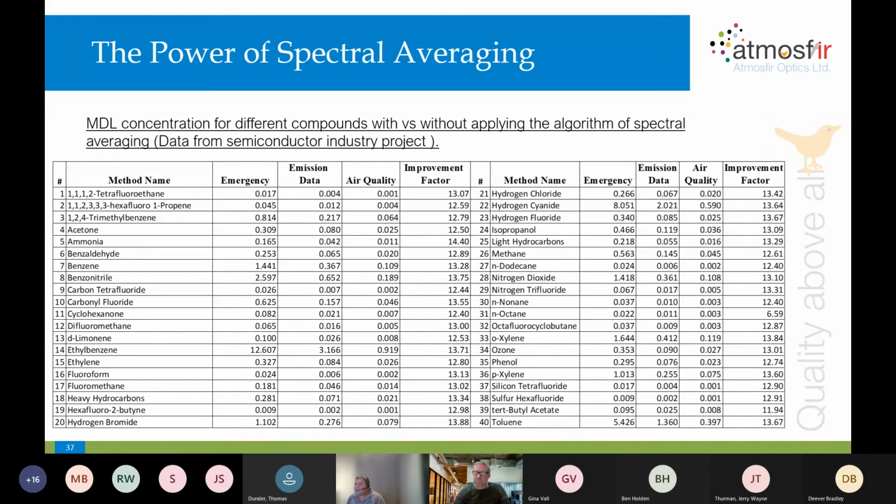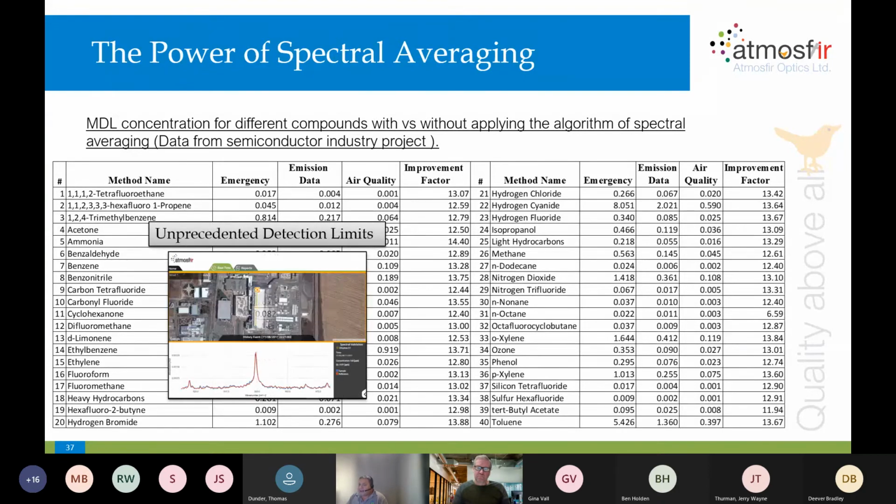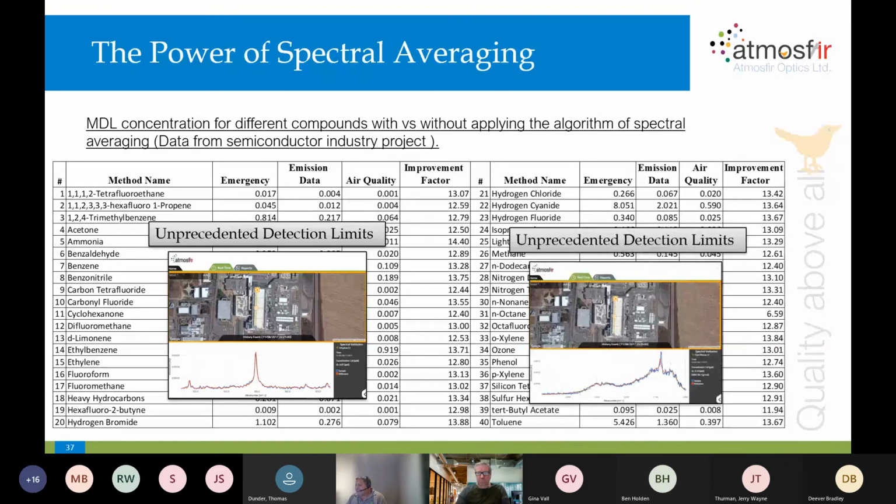We have clients in the semiconductor industry, and there I'm not talking about fence line, I'm talking about a very clean environment, in clean rooms, etc. The air there is temperature and humidity controlled, and with that we can see much greater improvement, and unprecedented detection limits, like 7 ppt for ethylene, or half a ppb for total alkane.